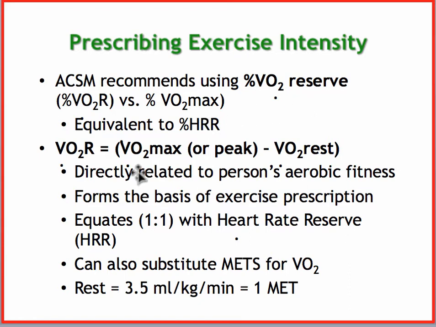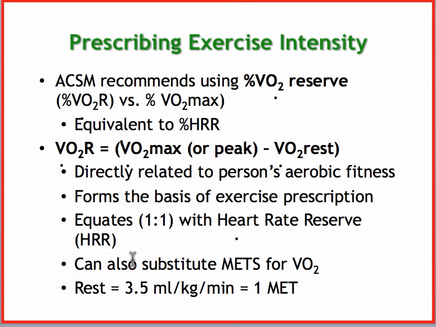And so VO2 reserve is just VO2 max, in mils per kilogram per minute, minus VO2 at rest. Remember, VO2 at rest is 3.5 mils per kilogram per minute. VO2 reserve is directly related to a person's fitness level, so this is going to be higher if you're more fit. It's good to form the basis of exercise prescription, and it equates very well with heart rate reserve.